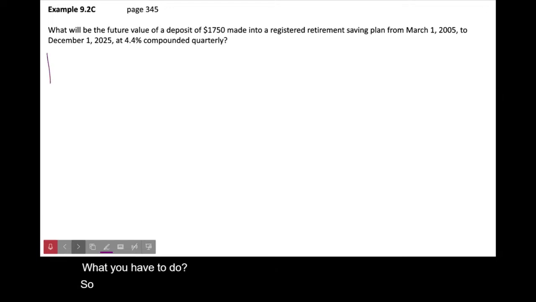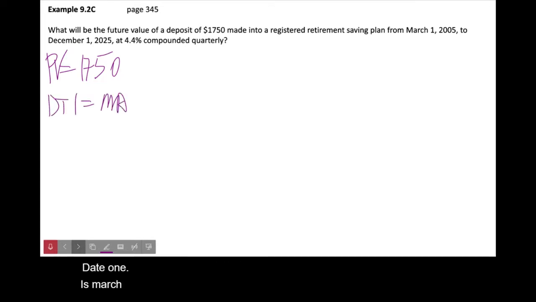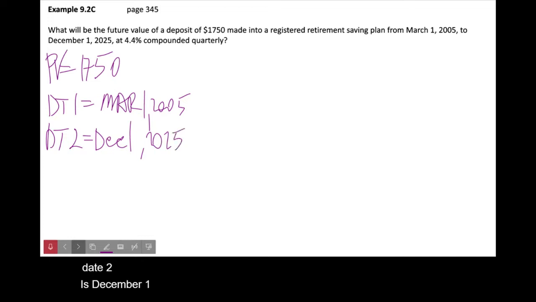So deposit is 1,750, I mean present value, right? Date 1 is March 1, 2005. Date 2 is December 1, 2025. So I have J4 4.4%.